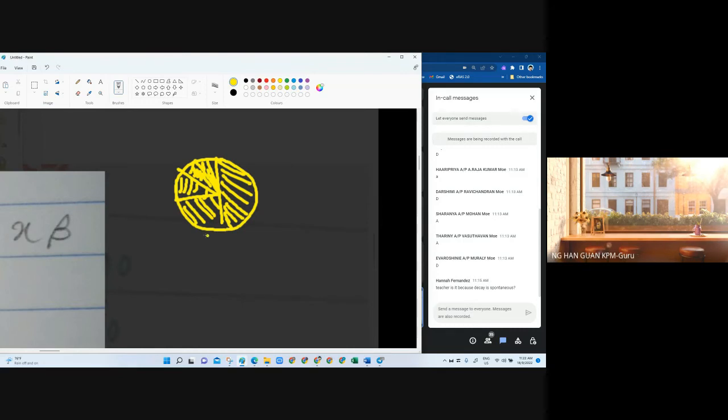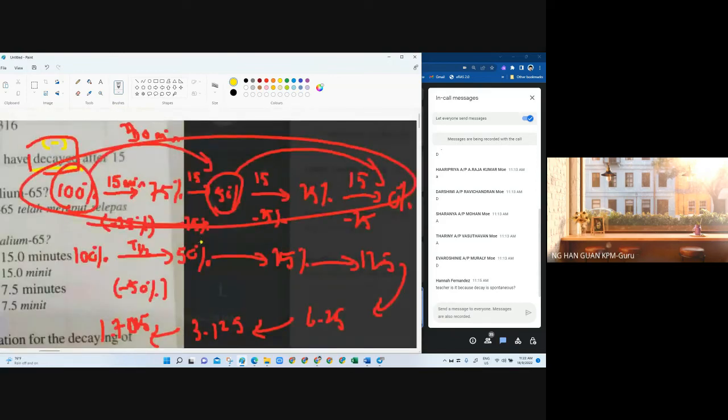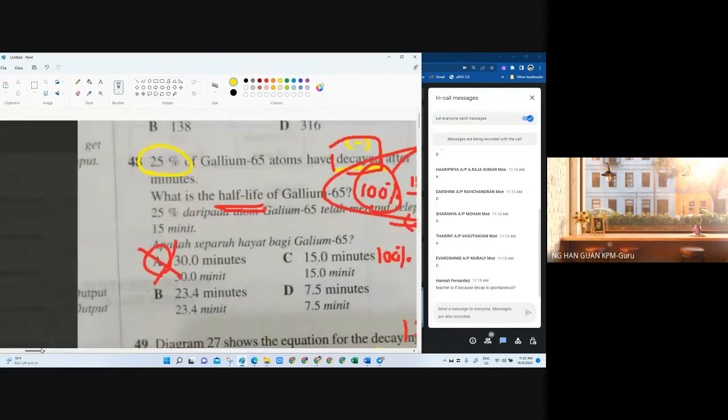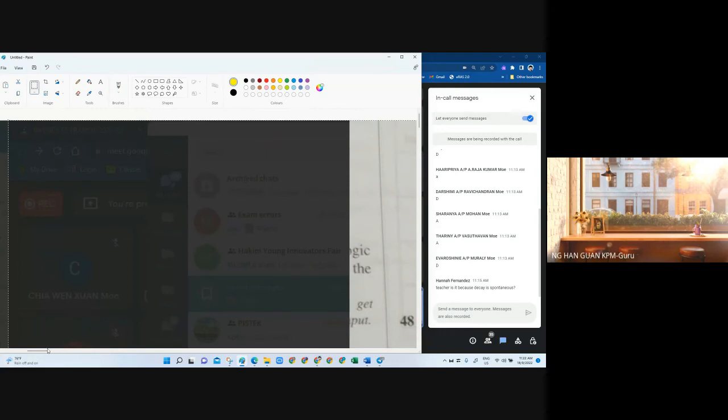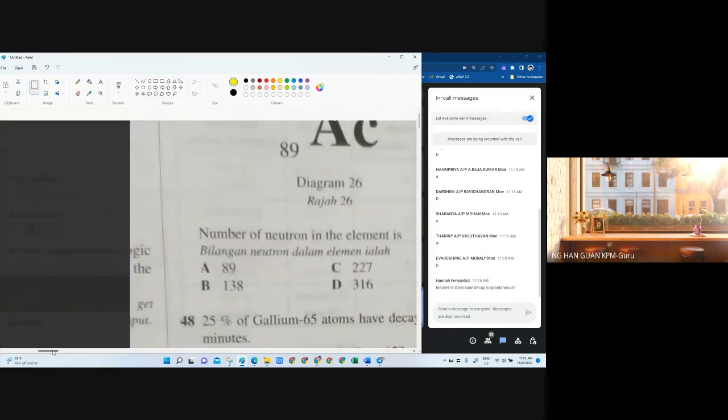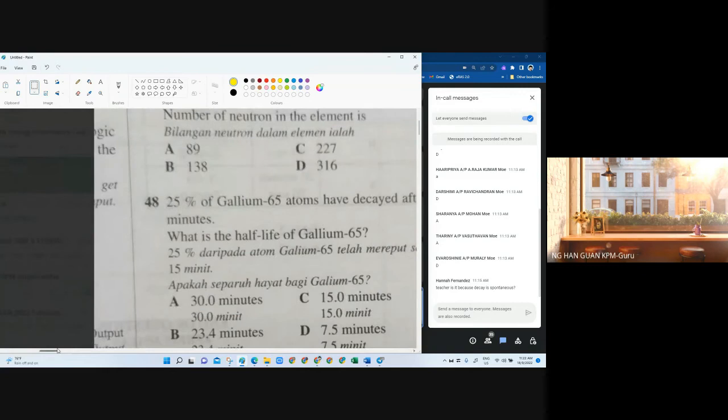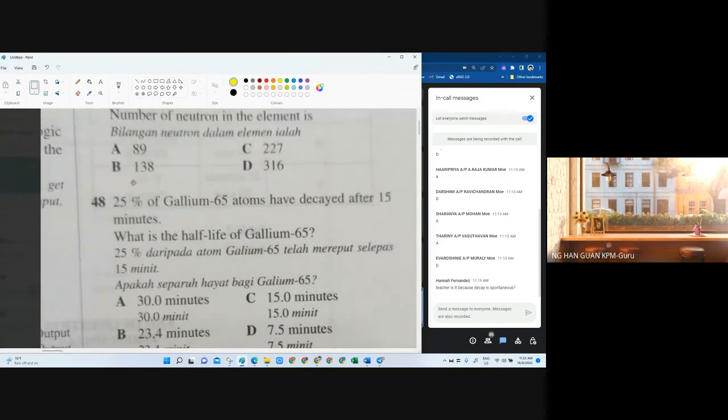So in this case, how are you going to solve it? Our only choice is to use the formula. You have to be careful when we solve the question, because you have to be careful with the terms given here. The term given here is 25% decayed.